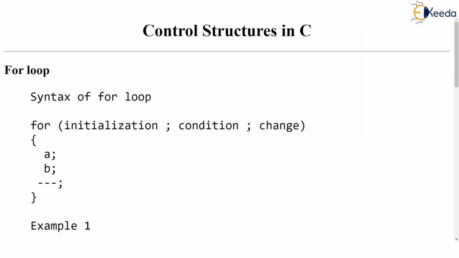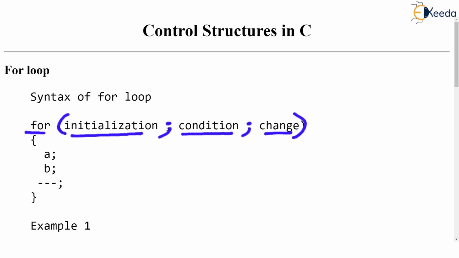Now let's see the syntax of the for loop, how to write it. Whenever you write for, it is always followed by brackets, and within the brackets there are always two semicolons. The three parts separated by these semicolons are initialization, followed by condition, followed by a change.